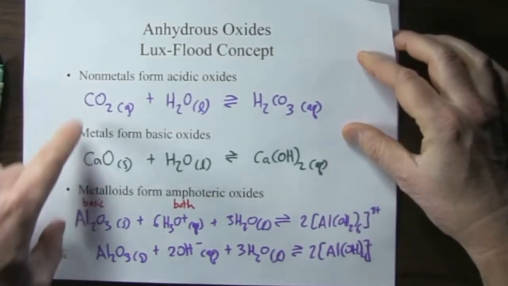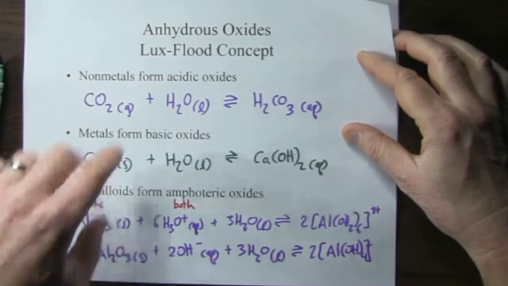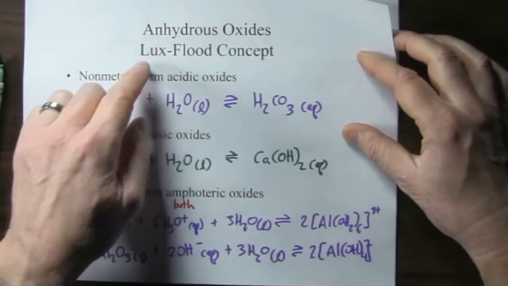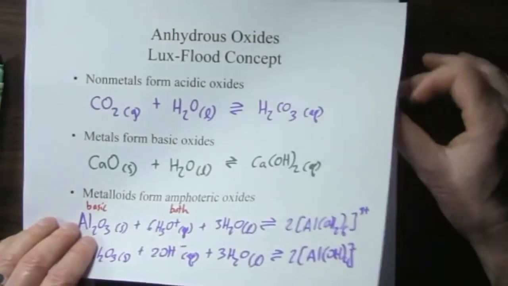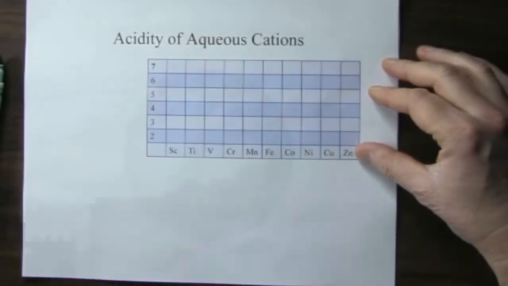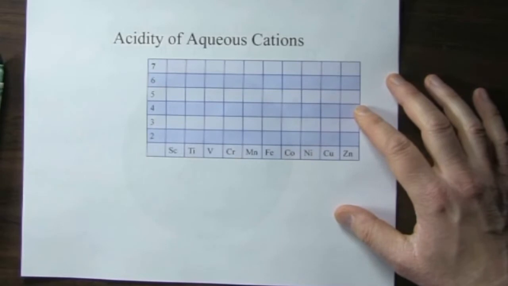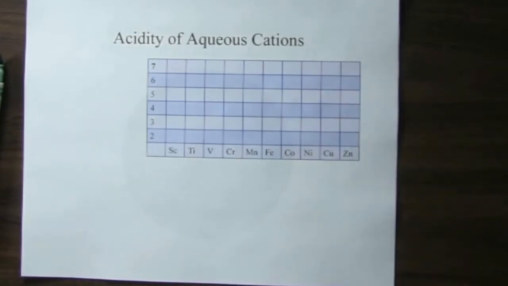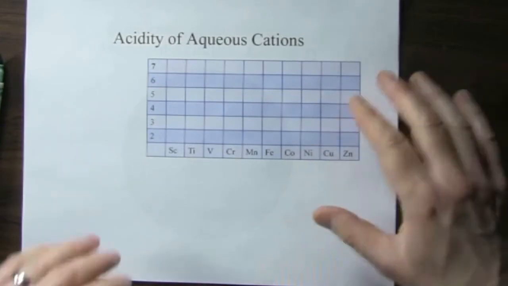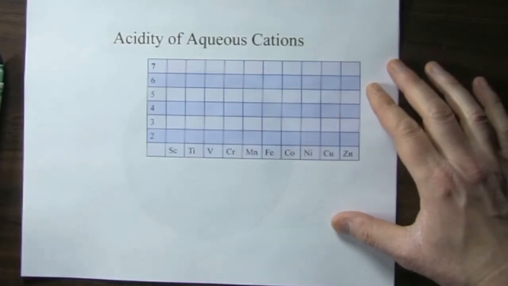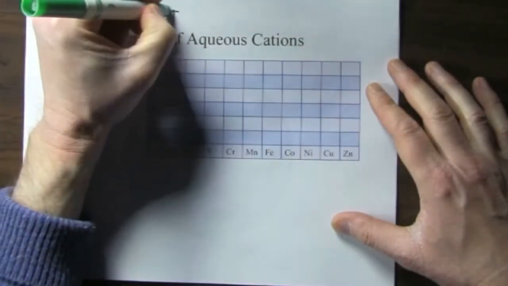These ideas of the oxides without water acting as acids or bases is the Lux-Flood concept of acid-base chemistry. Now, what about the aqueous cations of the transition metals? So we talked about metals, nonmetals, metalloids, transition metals. Also need to talk about.